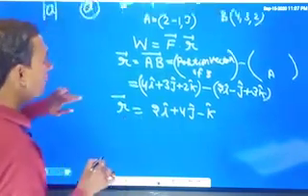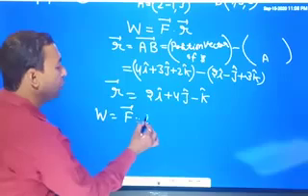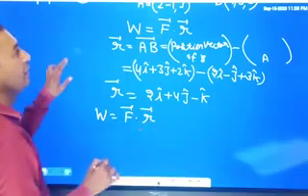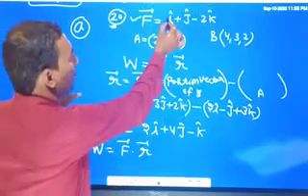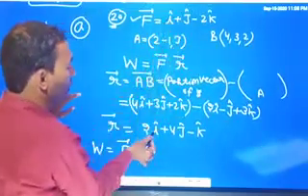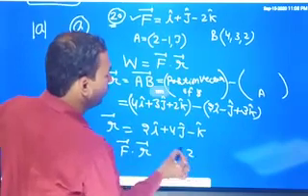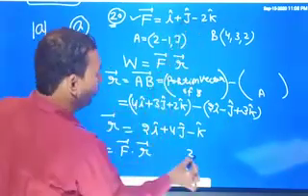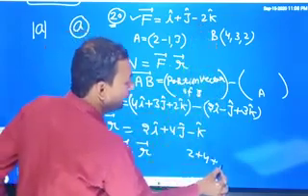Now we take W equal to F vector dot r vector. Then this is F vector, this is r vector. Coefficient of i cap is 1 and coefficient of i cap is 2. Then 1 multiplied by 2, we get 2. Then 1 and 4, plus 4. Then minus 2 and minus 1, then plus 2.